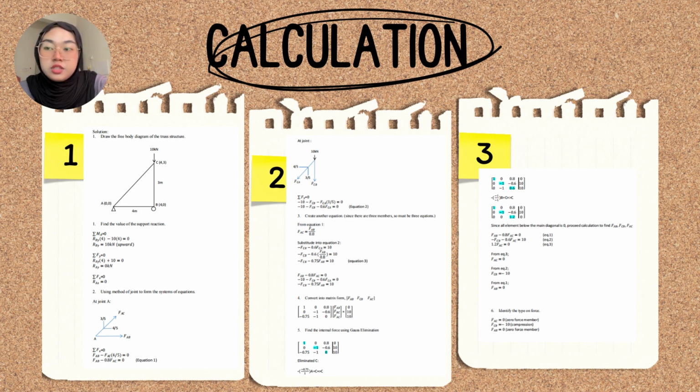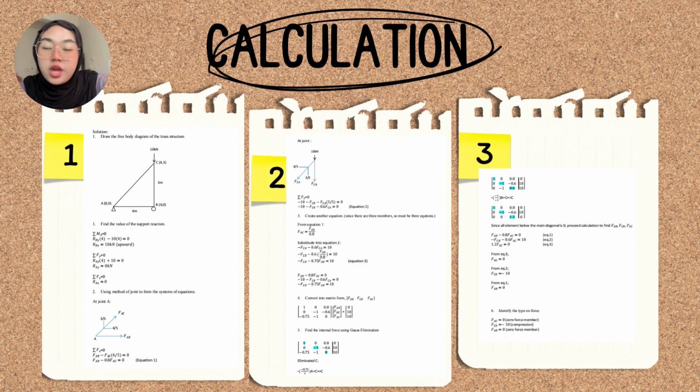After that, we use the method of joints to form a system of equations. We need the system of equations because we have to convert it into matrix form so that we can solve it using Gauss elimination.